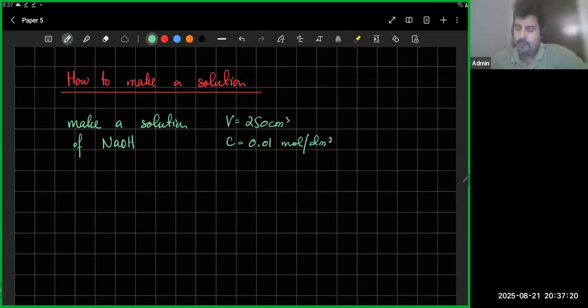Now the first thing I told you was that in the lab, for the sake of accuracy, keep this in mind: for lowering percentage error, always large volumes are used.